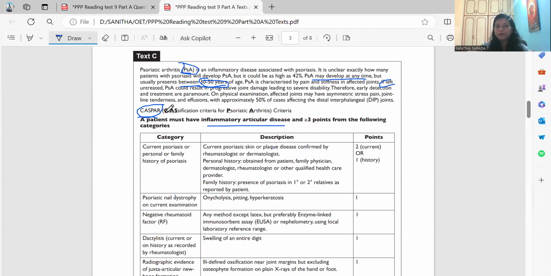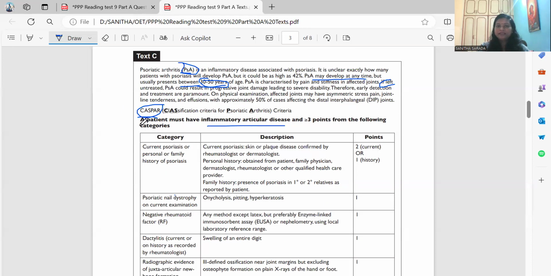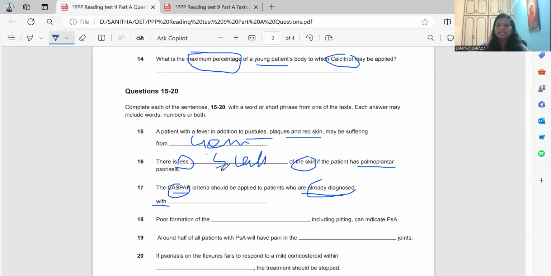What is the question? The CASPAR criteria should be applied to patients who are already diagnosed with what? Already a patient must have inflammatory articular disease. Already diagnosed, must have. The patient must already have inflammatory articular disease.